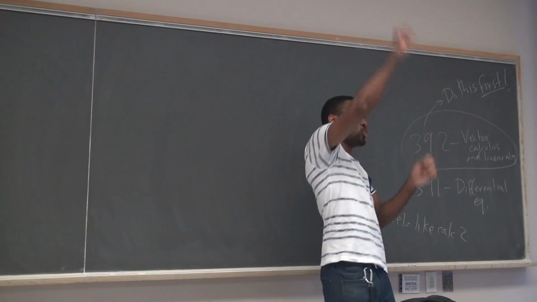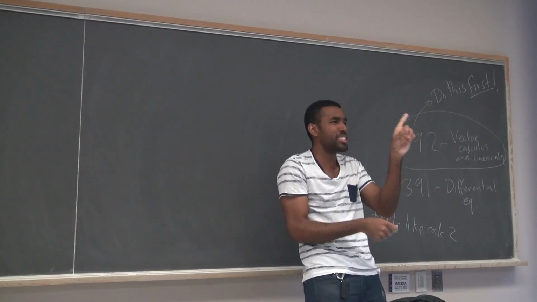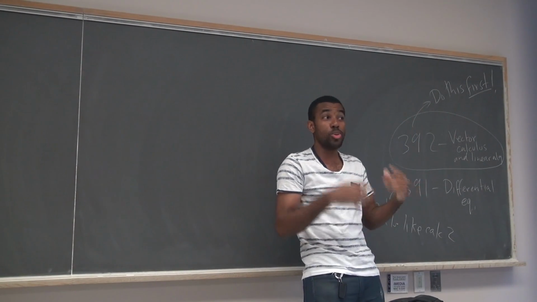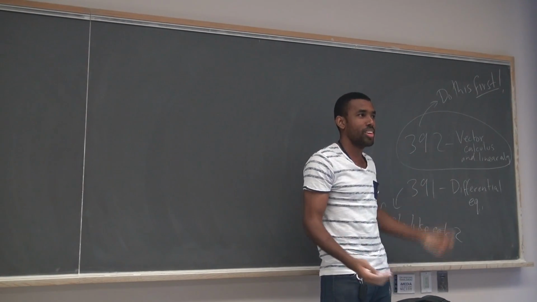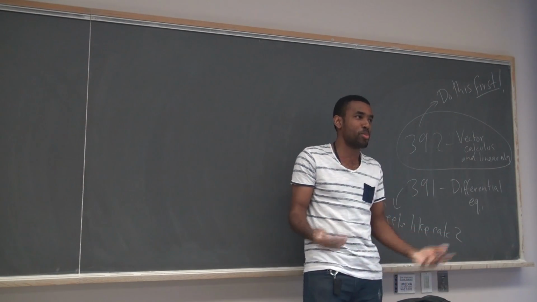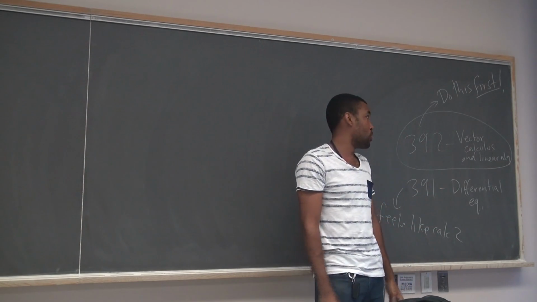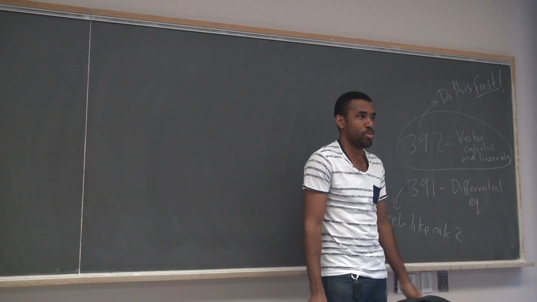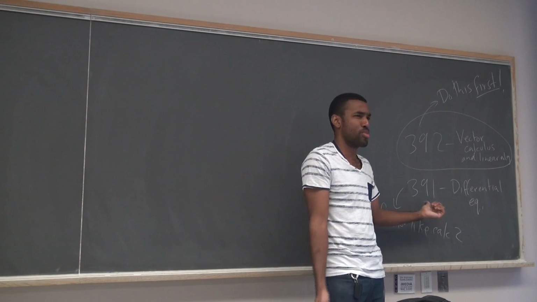391 and 392 though, in 392 you're going to have to be drawing things and figuring out what side of the surface it is, and then you're going to be planting normal vectors and you have to worry about what direction the normal vector is in. So you can literally know all the formulas here and still mess everything up. It's mostly Calc 3, right? If you draw your surface wrong, even if you know all the formulas, you're going to get the wrong answer, whereas that never really happens here.